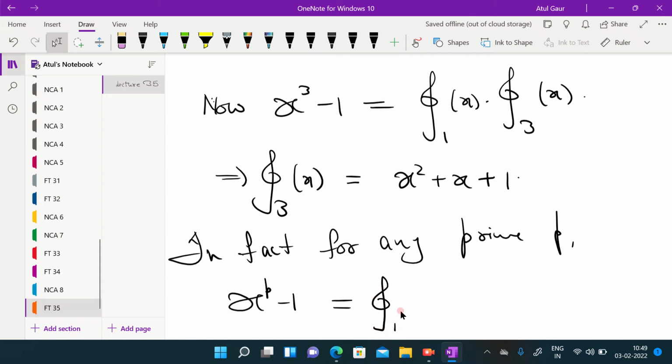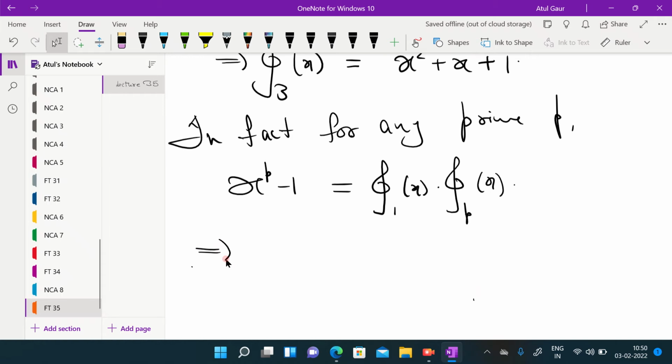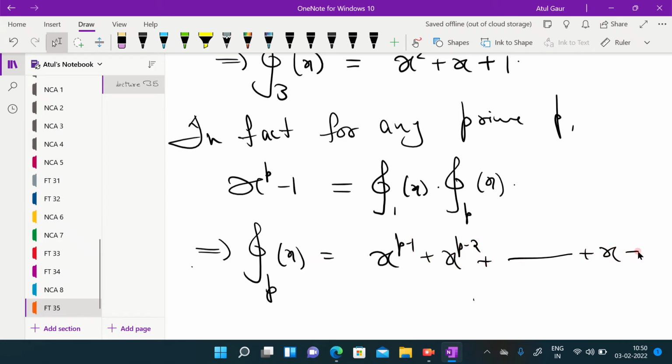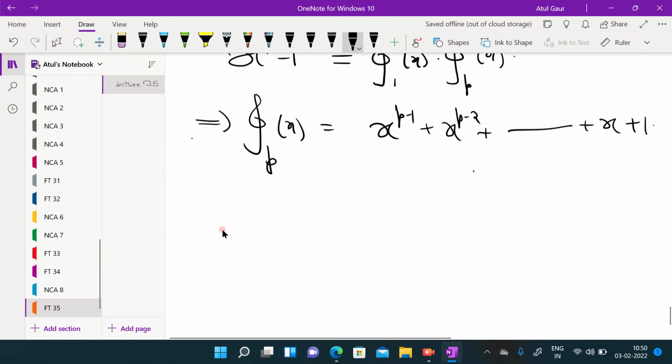So this will be phi_1(x), phi_p(x). So phi_p(x) will be, is that fine? x minus 1 will cancel from both sides. You will get this. Is this all right? Yes, sir. Similarly you can find phi_4 and so on.